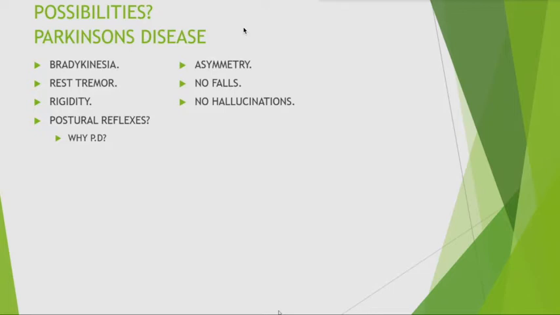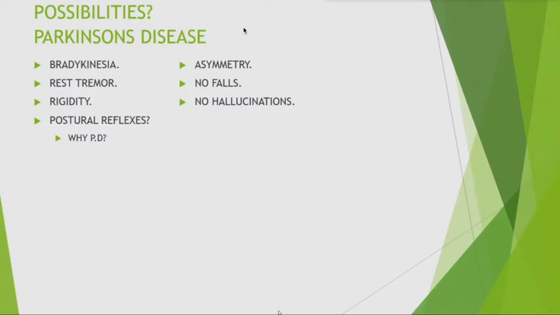In idiopathic Parkinson's disease, falls are a late feature. Involvement of higher mental functions producing cognitive impairment and hallucinations are a late feature. So that's why they are not there. But in course of time, these things may appear.